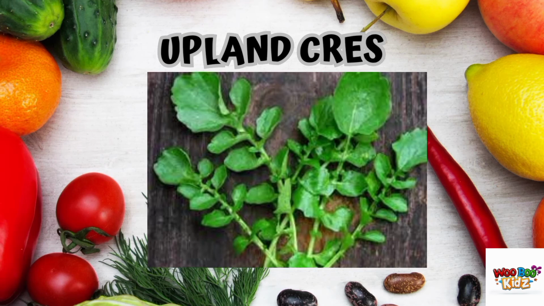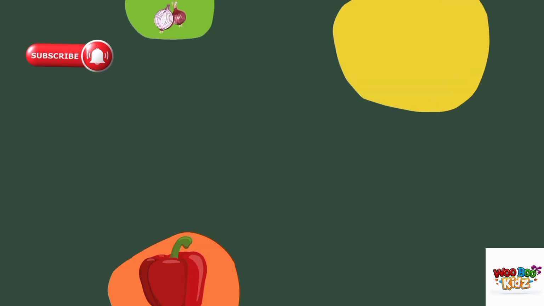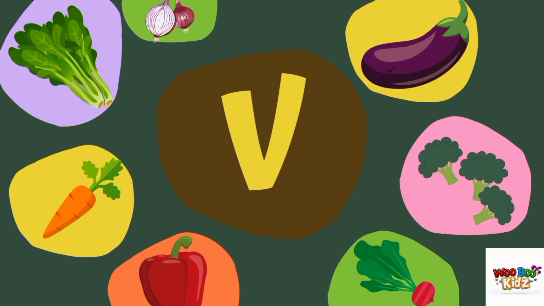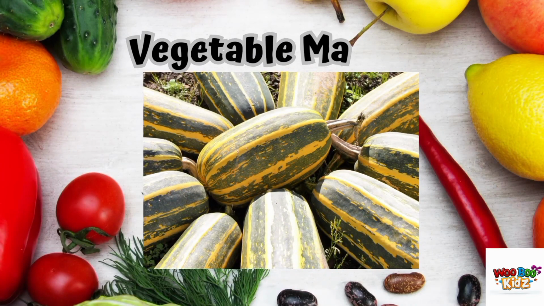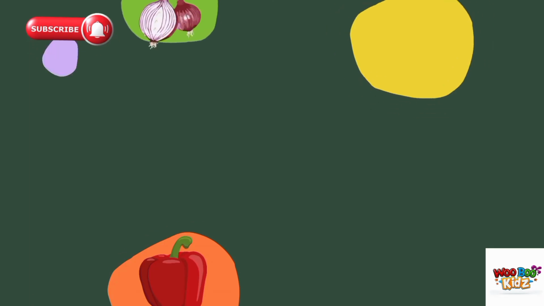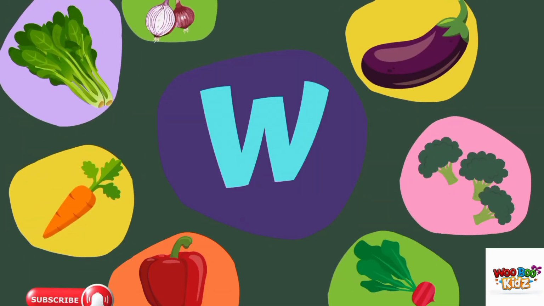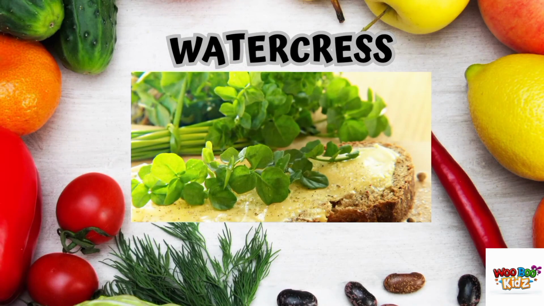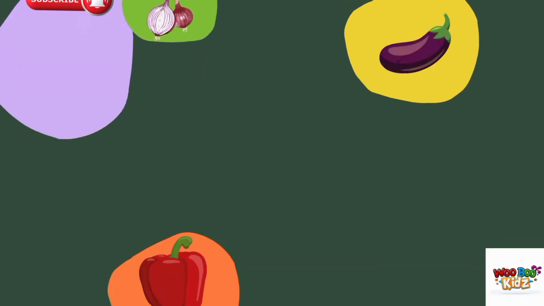U. U is for upland cress. V. V is for vegetable marrow. W. W is for watercress.